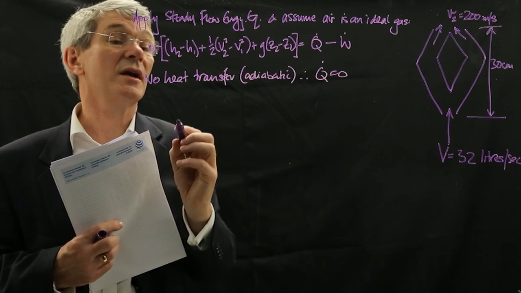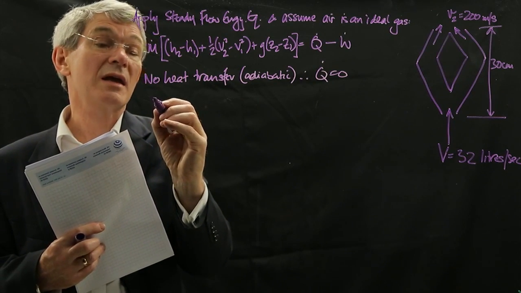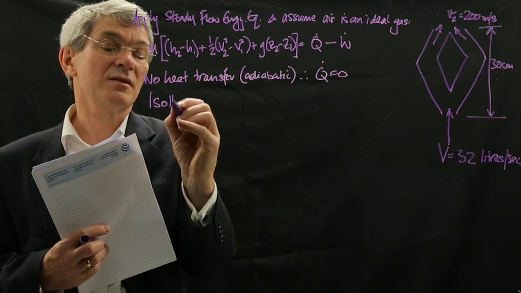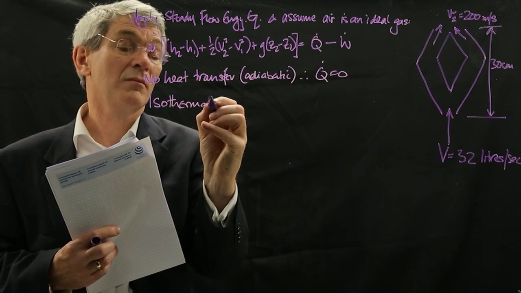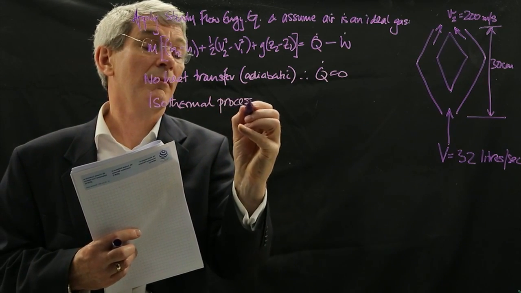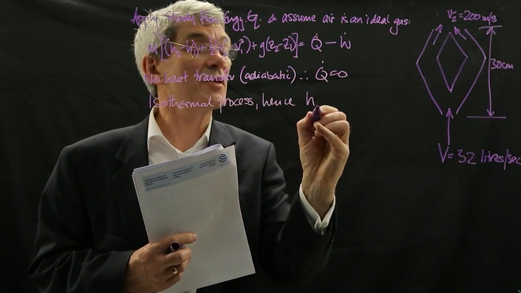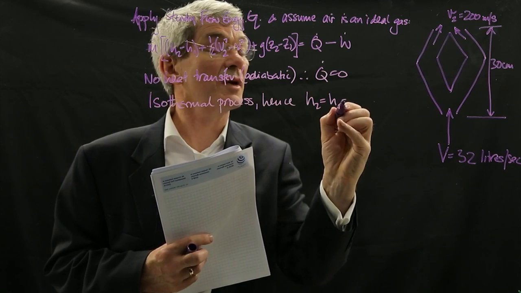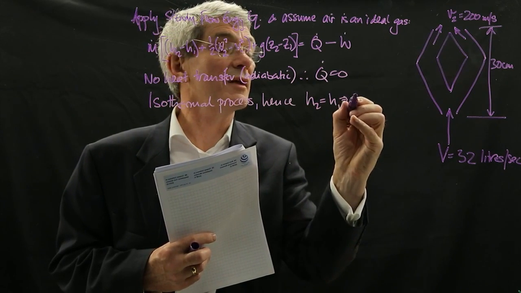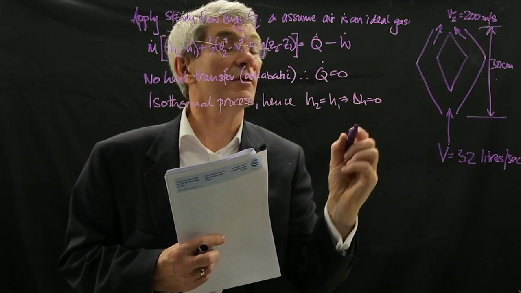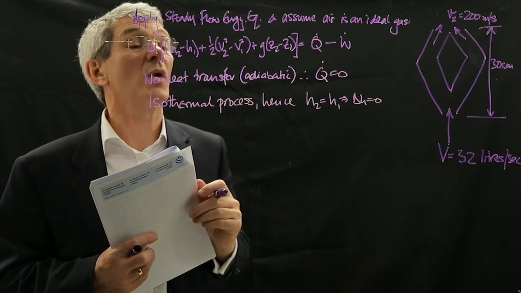There's no heating inside our air dryer, and so we can say that the process is isothermal. And hence there's no change in the enthalpy, so H2 equals H1, and so we can say that delta H equals 0. So this term will disappear as well.